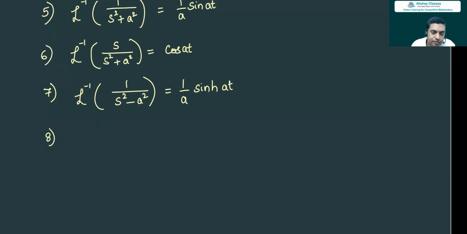The Laplace transform of sine hyperbolic at is a by s square minus a square. Next, Laplace inverse of s by s square minus a square. This is simply cos hyperbolic at.